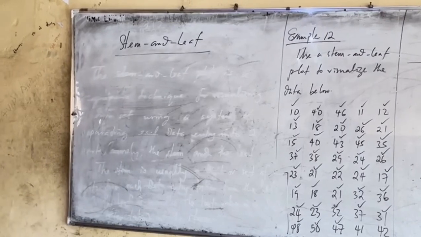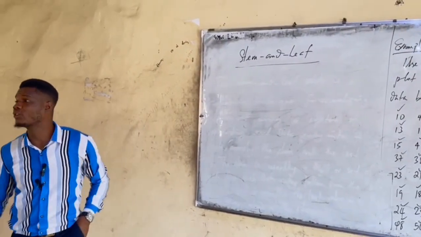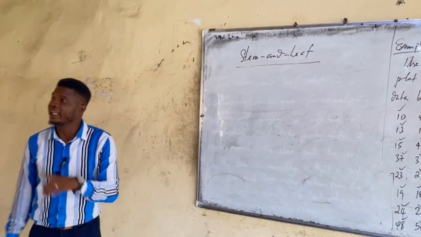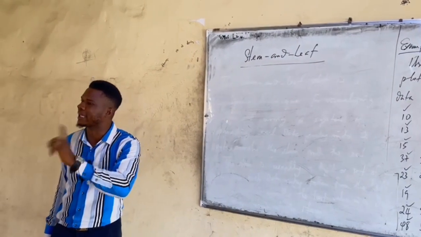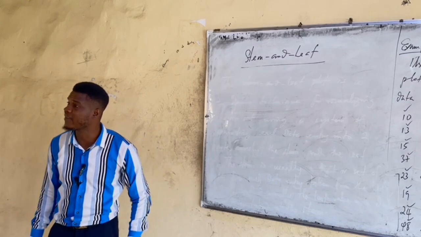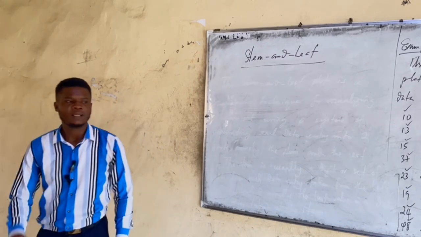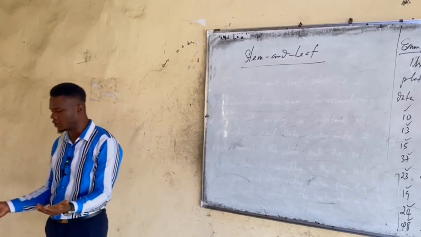Why is stem and leaf very, very important? Stem and leaf is important because out of all the graphical techniques, it does one thing that all the techniques do not do. It preserves the data in the way it came. Let me tell you why. Look at it this way.